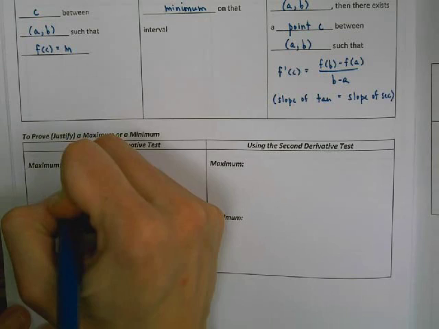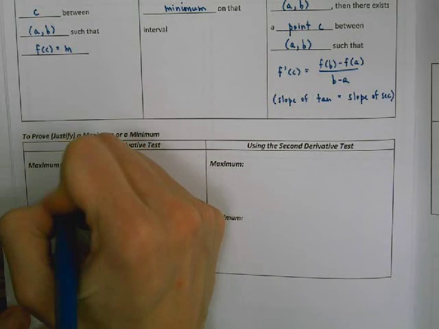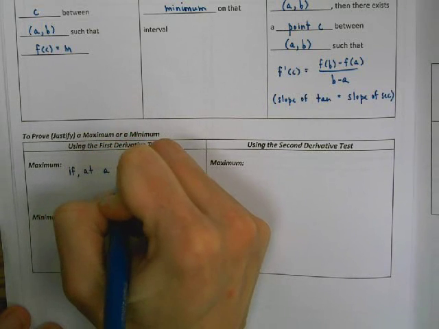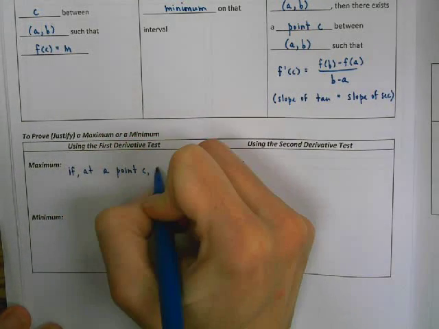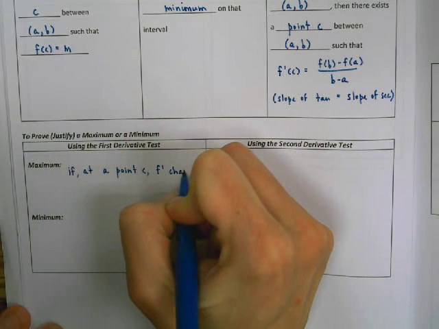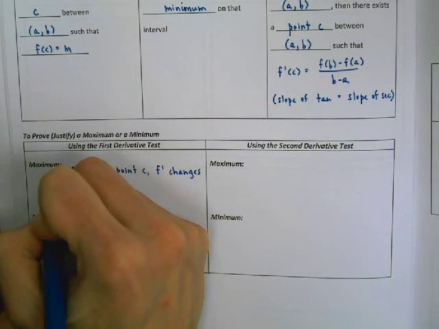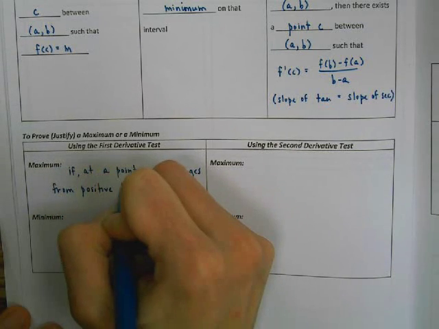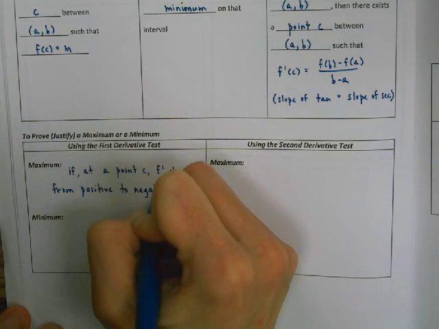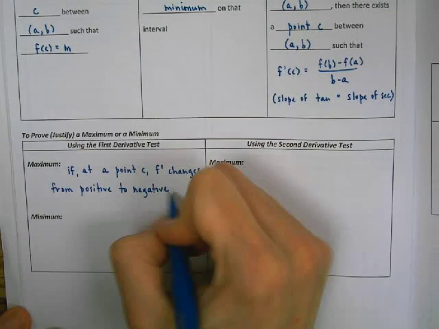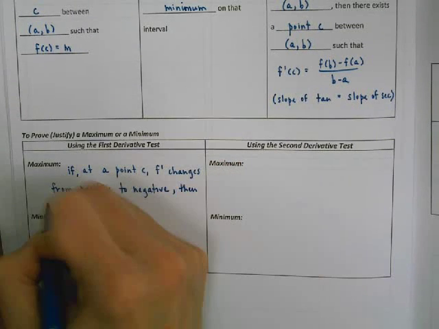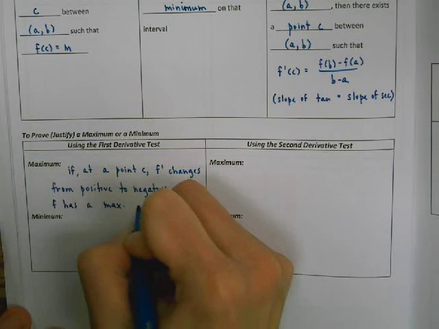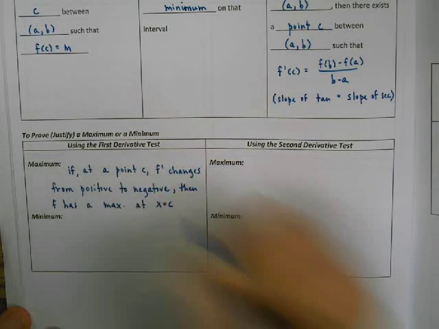So the idea here is that if at a point C, f prime changes from positive to negative, so if my derivative changes from positive to negative, then f has a max at x equals c.